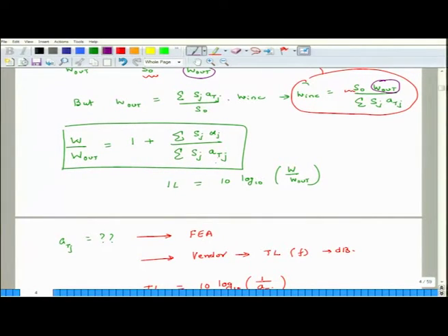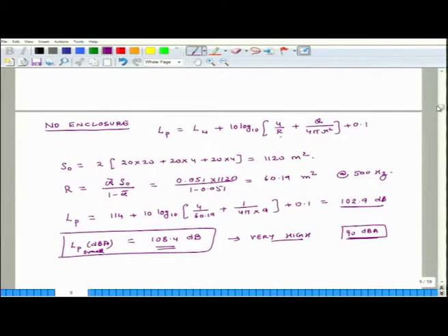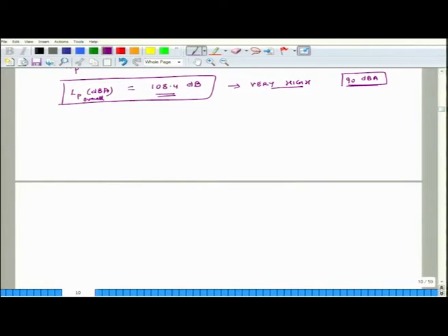So, for all the surfaces we have to compute surface areas and alpha j's, and once we figure out W out, then I can know the insertion loss. Once I know the insertion loss, I know LW out, and from that LW out I can again calculate LP for each of the frequency bands. So, let us do it with enclosure.